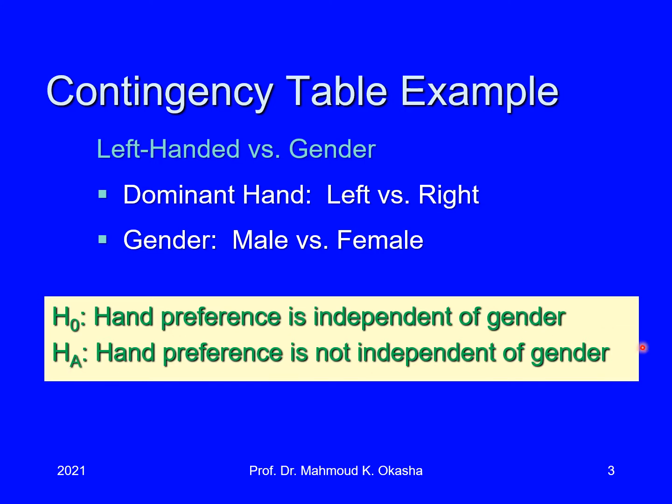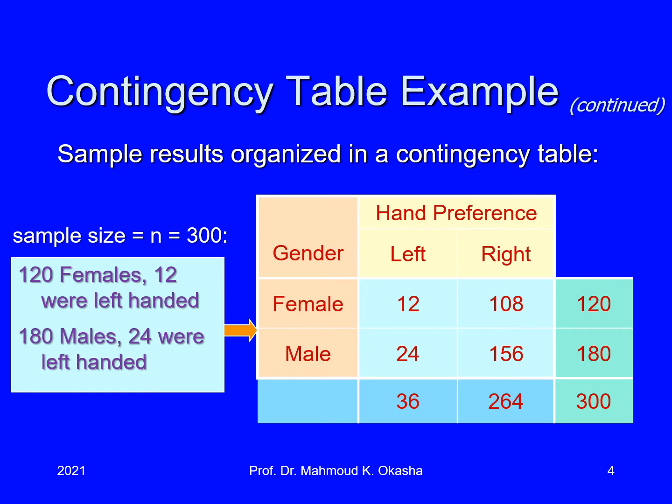With two variables here, the hand preference and gender, the null is hand preference is independent of gender. The alternative hypothesis is that hand preference is not independent of gender. So we have these two hypotheses and we want to test these hypotheses based on the data.